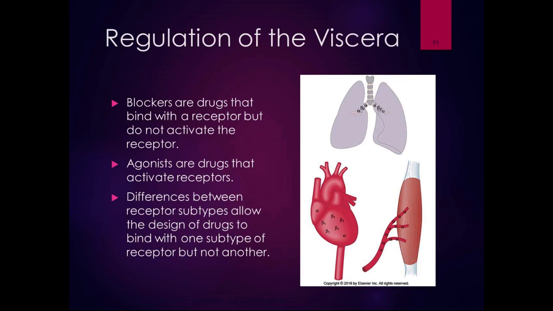The difference between receptor subtypes allows the design of drugs to bind with one subtype of receptor but not the other. So if you want to have a certain effect, you can design a drug that binds with one, and whether you're going to have it be a blocker or an agonist, that's what a lot of the pharmacology goes into, figuring out what effects the drugs are going to have.